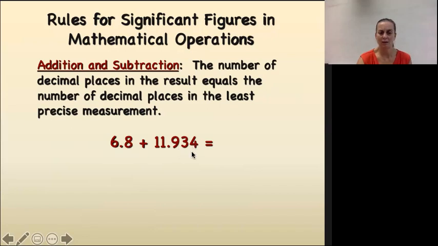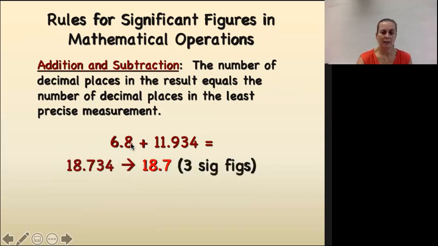This one is estimated in the thousandths place. So we're going to add these two numbers together, but we're going to recognize that the tenths place is where our number has to be rounded. So we get 18.734, and we're going to round it to 18.7, which will give us 3 sig figs.